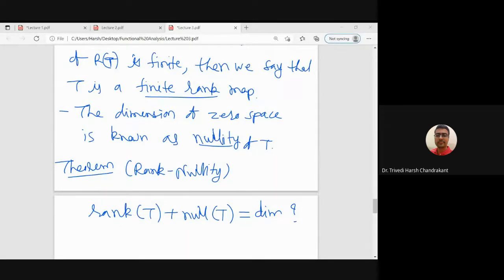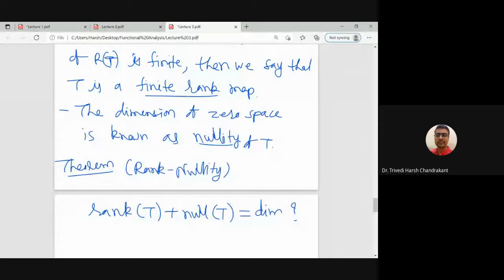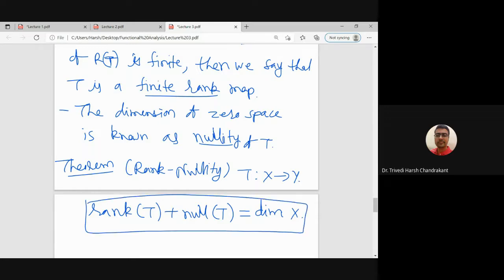Can you recall this result from linear algebra? Rank plus nullity is always the dimension of the domain. What is T? T is a linear map from X to Y. So rank of T plus nullity of T is always the dimension of the domain.